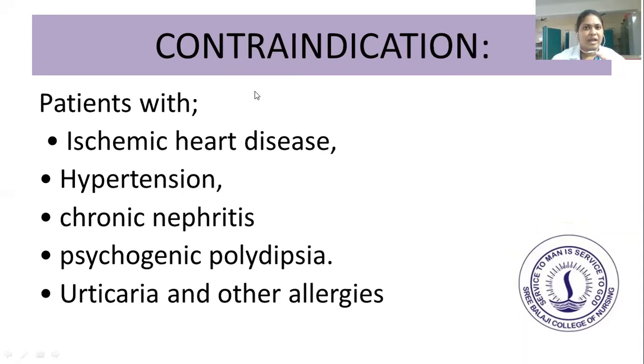These antidiuretic drugs are contraindicated in ischemic heart disease, hypertension, chronic nephritis, psychogenic polydipsia, urticaria and other allergies. In patients with all these conditions, we have to be very careful in giving this vasopressin drug.